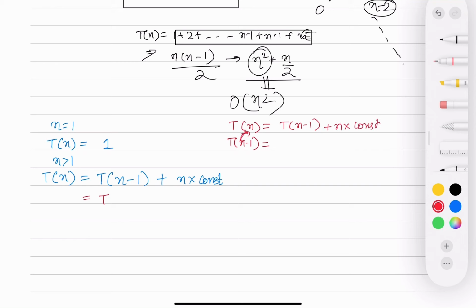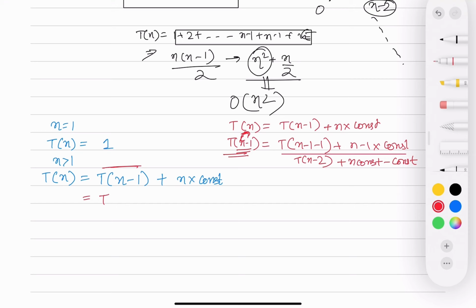If you put n minus 1 instead of n, you will get T of n minus 1 plus (n minus 1) into constant. So T of n minus 1 you will get from this, that is T of n minus 2 plus n into constant minus constant.